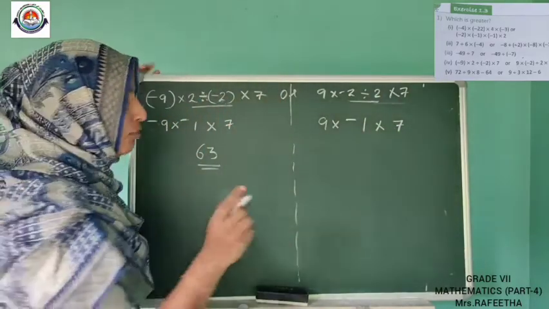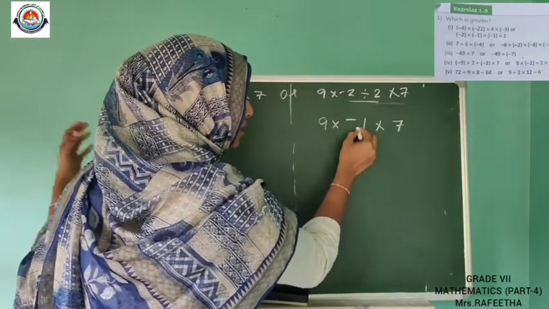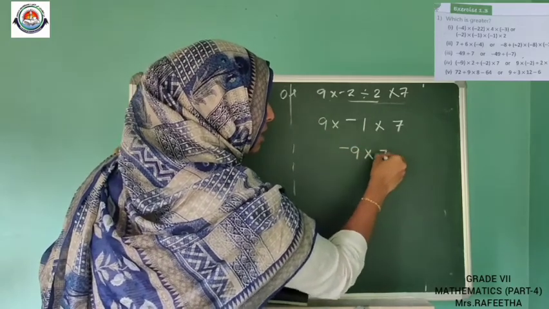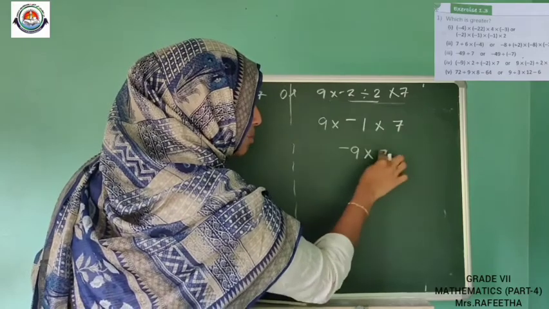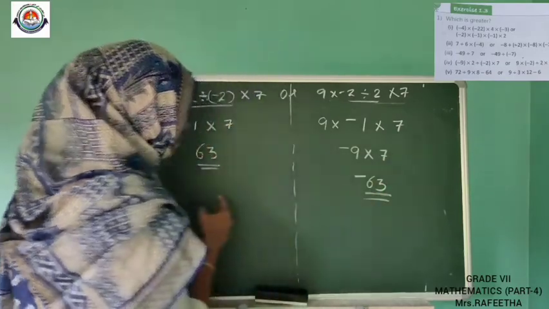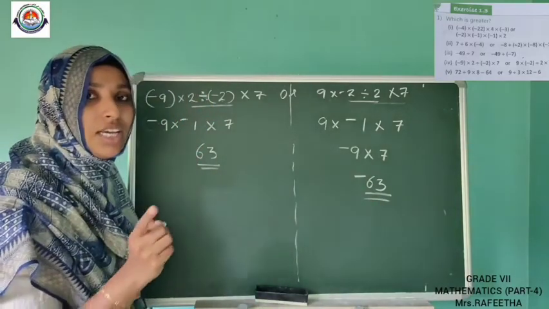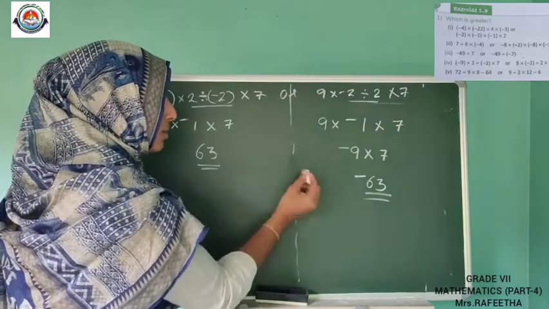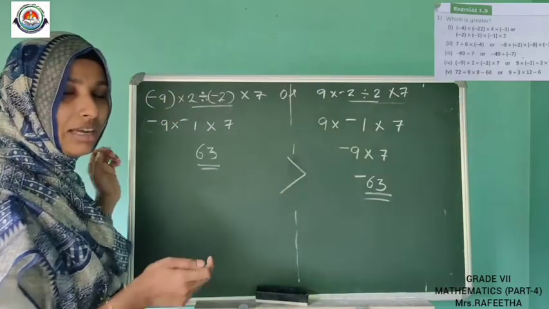Any doubt? If you have any doubt, just ask. Okay. So 9 into minus 1. What is 9 into minus 1? Minus 9 into 7. Here 9 sevens are 63. Minus into plus, minus. So here the answer is 63 and here the answer is minus 63. Which is greater? Yeah, 63 is greater than minus 63.